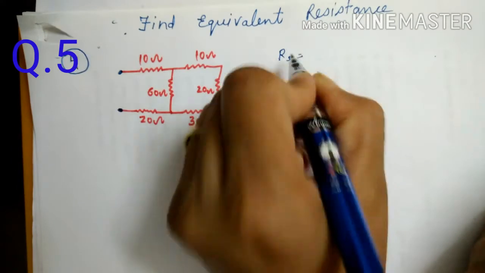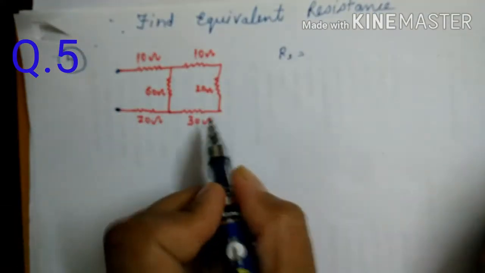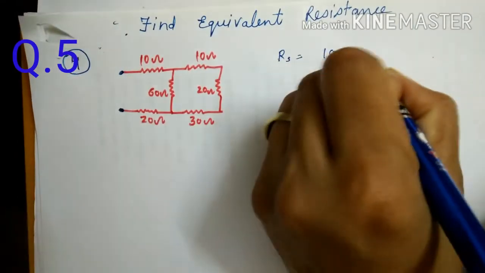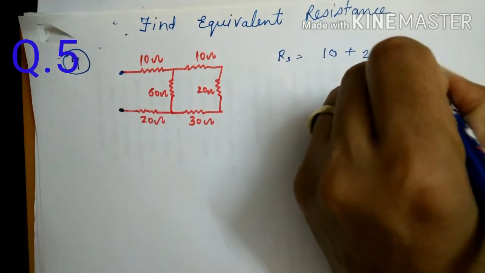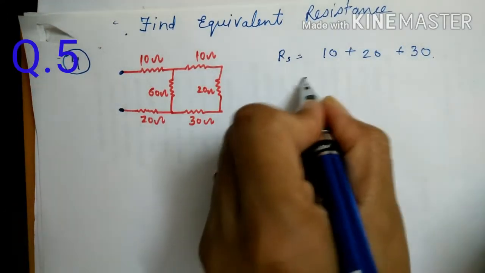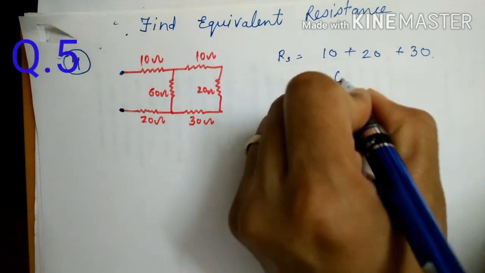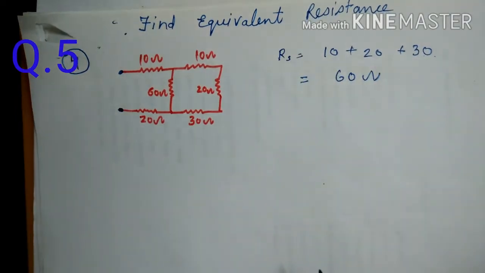In a simple manner, because these are attached in series, 10 plus 20 plus 30 is 60 ohm.